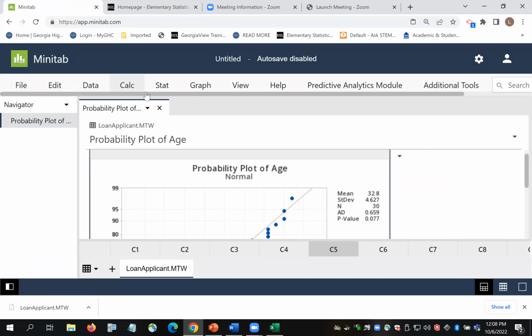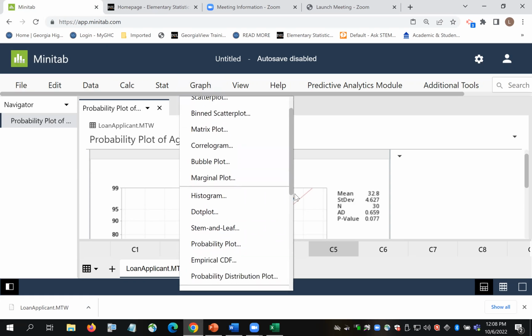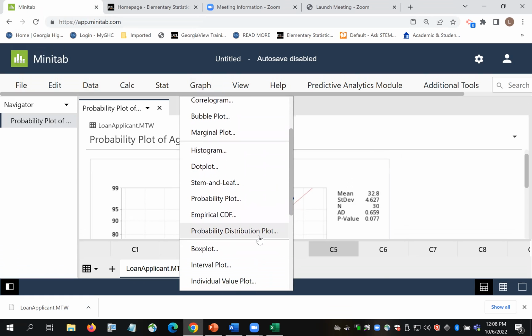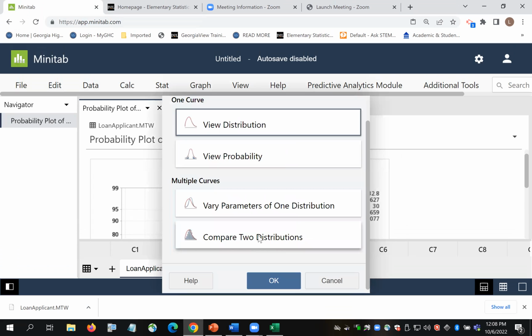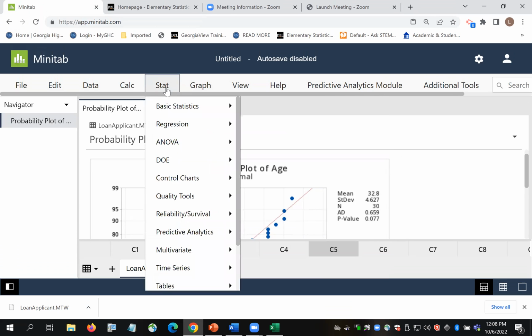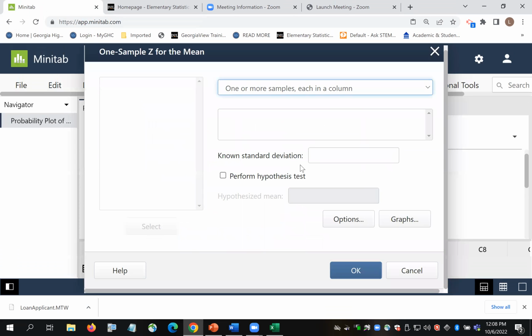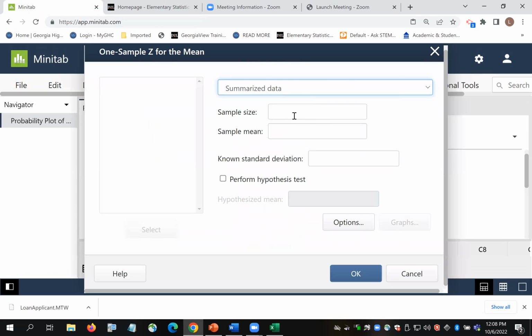Okay, so here's how we do it. We go to, I hope I can remember, graph, probability distribution plot. Nope, I think I'm wrong. Hold on. Sorry. Stat, basic statistics, one sample Z. We have summarized data.